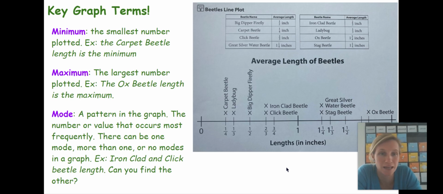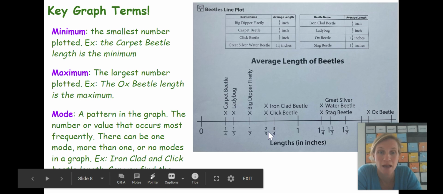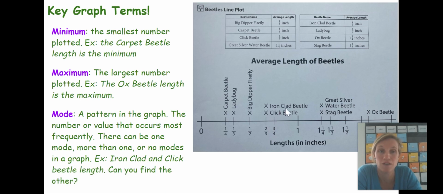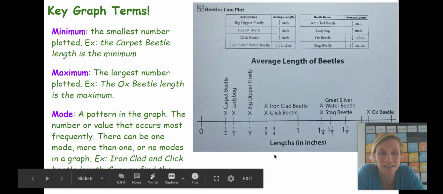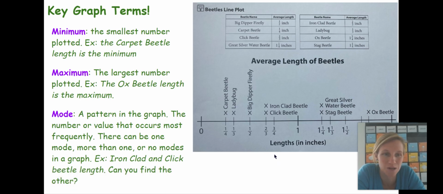But I can see here, there's one mode at 2/3 of an inch, the average length of the ironclad beetle and the average length of the click beetle. That's why they have 2 X's above 2/3. Can you find the other mode? If you can, write it down in your math journal.